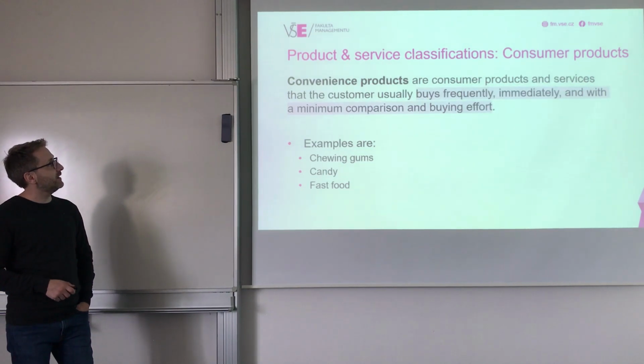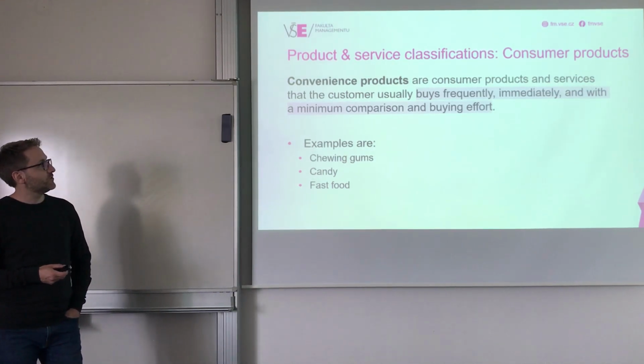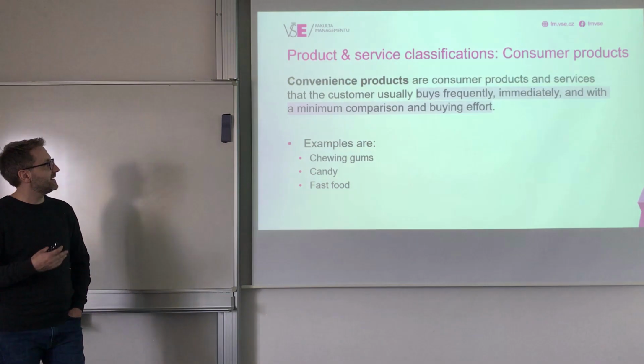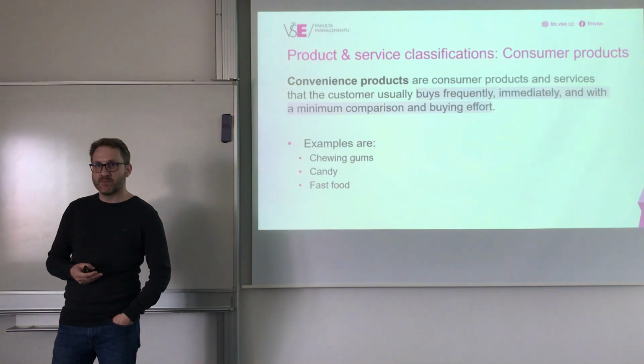So the first one, those are the convenience products. What does it mean? Those are things the consumer buys frequently, immediately, and he or she doesn't think about the buying process.